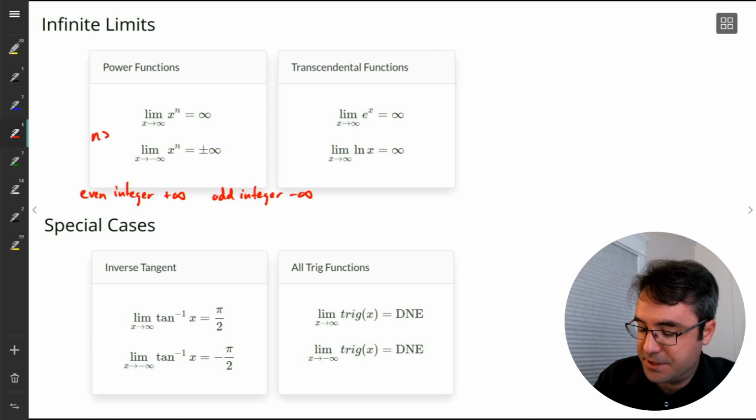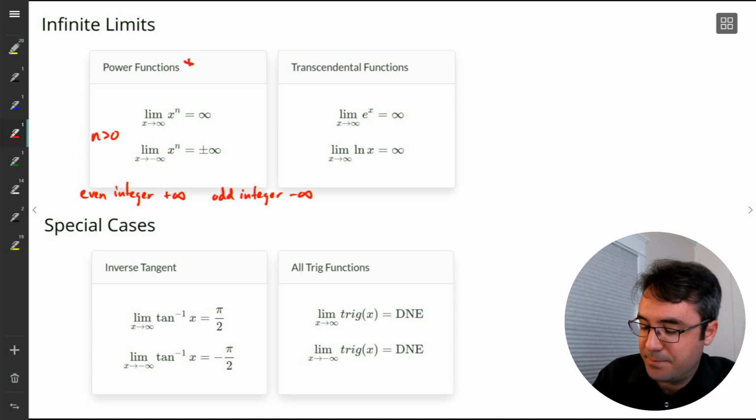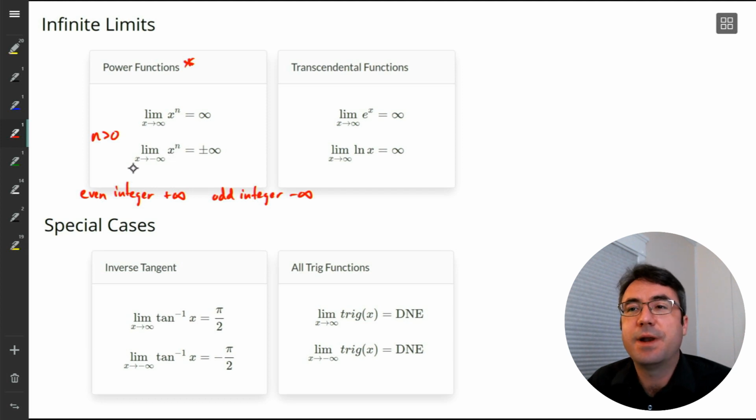And these properties here really work for any positive exponent, again with that same kind of disclaimer that it has to make sense. So if this was like square root x, we're not going to be talking about the limit of square root x as x goes to minus infinity. It's meaningless for our purposes.